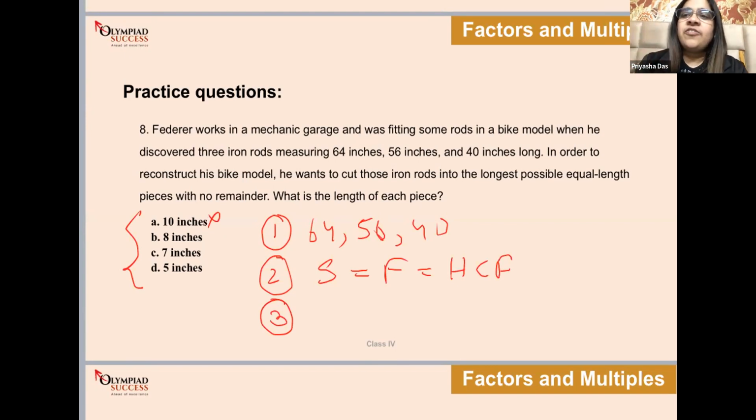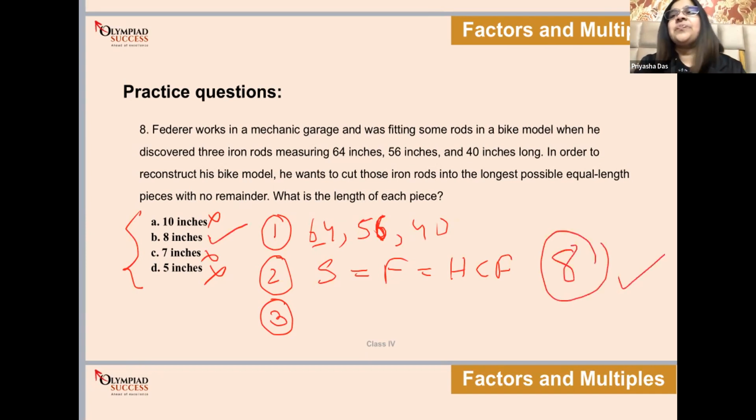Now, if I go and check for 5, 64 creates a problem for 5. If I go and check for 8, what will happen? Will it work? Yes. Because 40 is not divisible by 7. So we got our answer as 8. 8 is the winner here. No problems for 8. Correct.